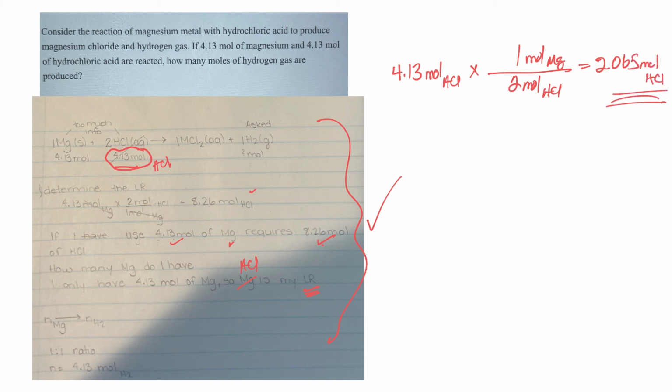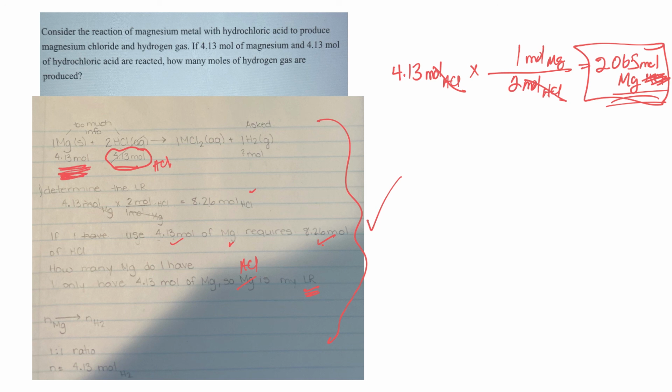That's how much will react. Hold it. These cancel. Moles of magnesium. That's how many moles of magnesium will react. And you take a look, and you've got more than that. So if you have more than that, then some of this magnesium will be left over.